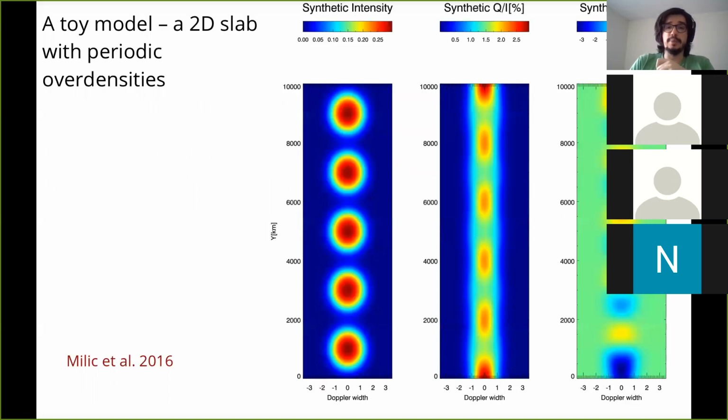And here is a very simple toy model where we made a slab which was basically just a series of blobs. And what you see here is a simulated slit. This slit illustrates how the intensity, Stokes Q and Stokes U, are changing along the slab. And obviously places where the intensity is higher are places where my optical depth is higher, thicker.